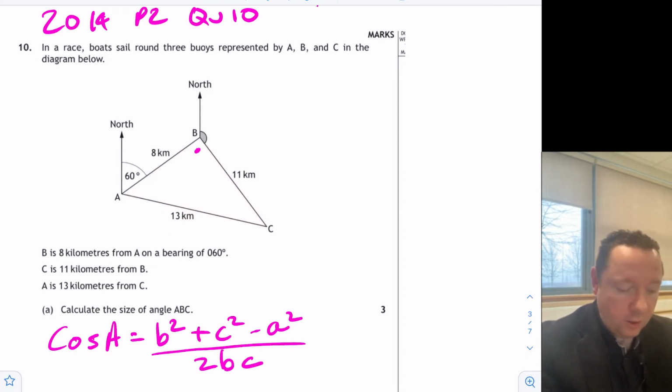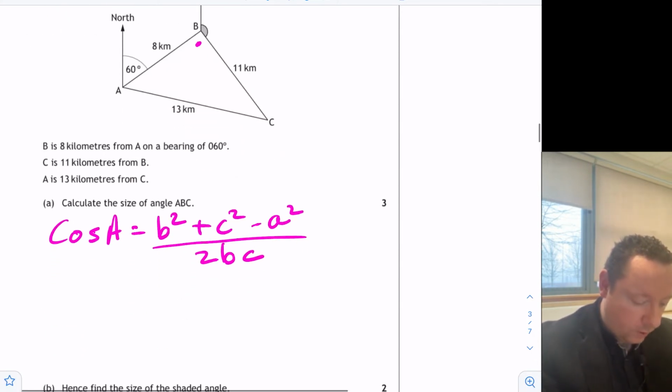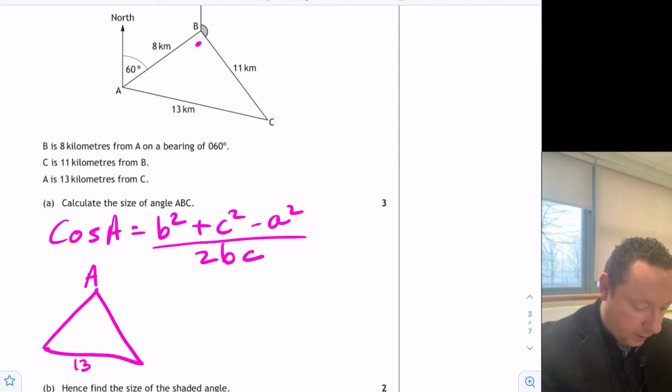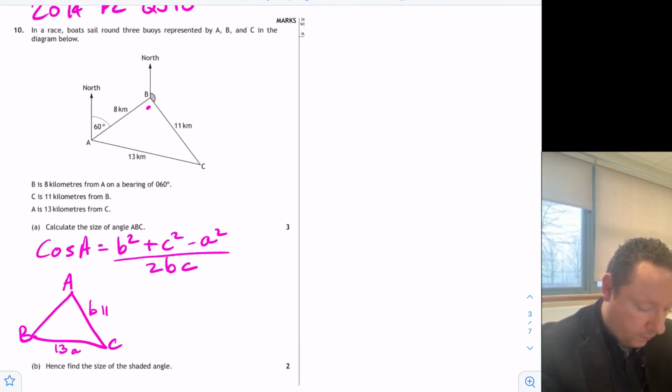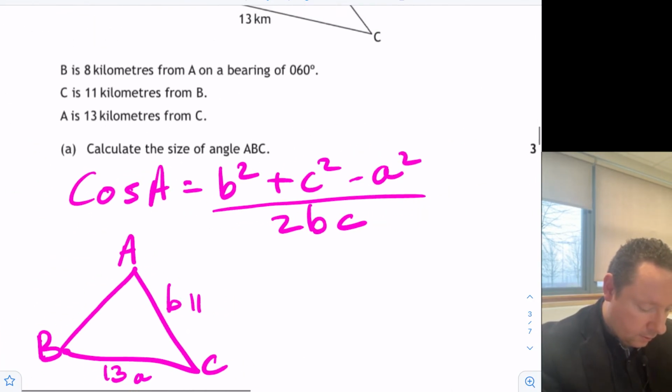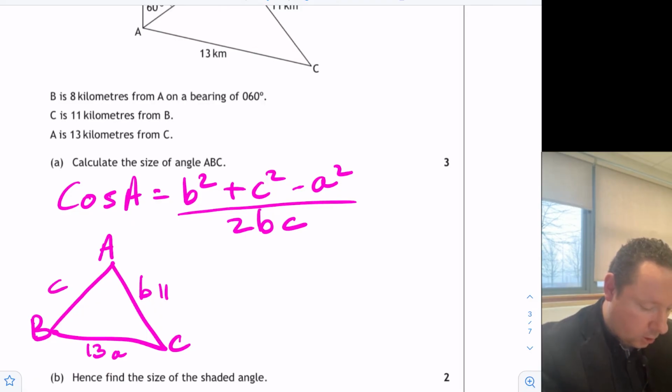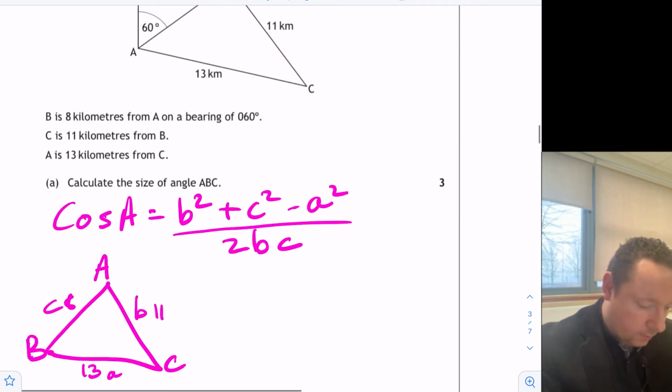If you want to avoid confusion, you can draw yourself a little diagram, like so, and go, right, I'll call that A because that's the angle I want, and then my 13 is my little a. Then the other two sides would be b and c, so that would be b at 11 and c would be the other side, which is 8 kilometres.